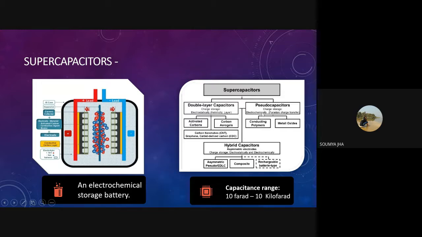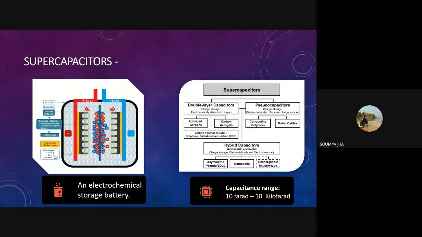And if the charge storage is by the electrochemical method, then it is known as the pseudocapacitor. The materials which are used are conductive polymers and metal oxides. Recently a type of supercapacitor has been developed in which charge is stored by both methods, that is, both electrostatically and electrochemically, and such a capacitor is known as the hybrid capacitor.